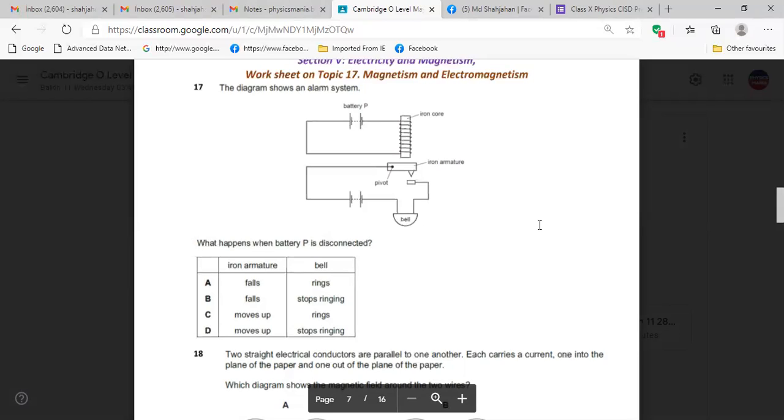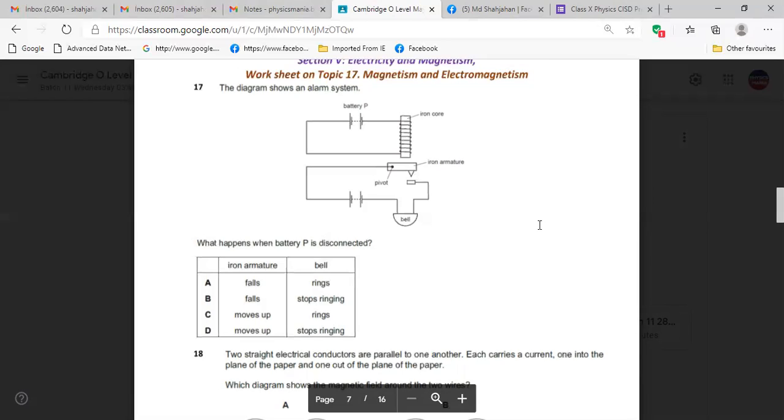If battery P is connected, you just describe what happens. We will go for the options later. First, you discuss how it's working. The iron armature will go up because the iron core will be magnetized. That's why. Yeah, very good.